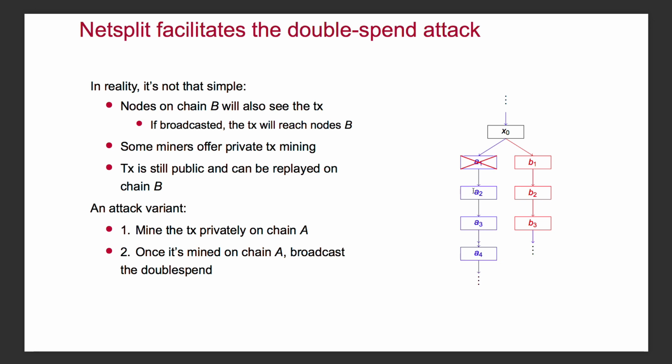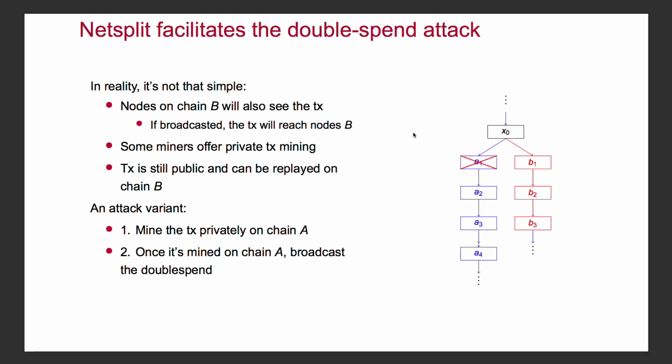However, even then, if we just include that transaction in block A2, the transaction itself is visible, and it's public, and it's signed by the cryptographic key of the originator of the transaction. So someone from the B network could just take that transaction out of block A2 and post it to network B.